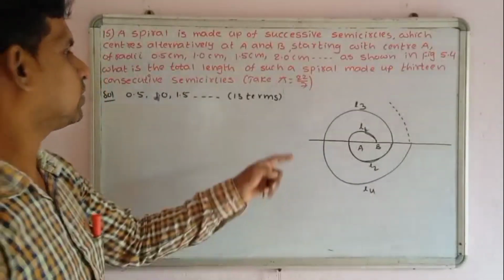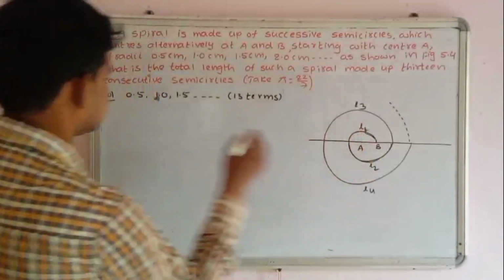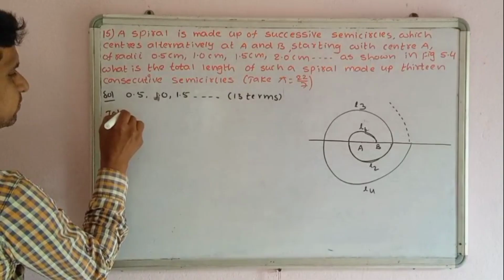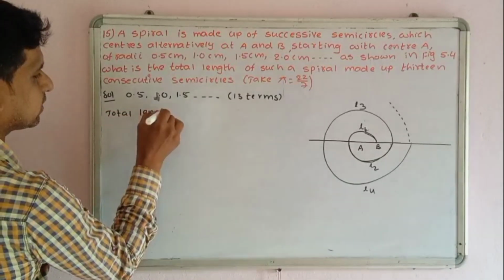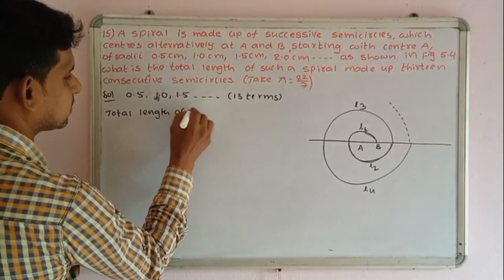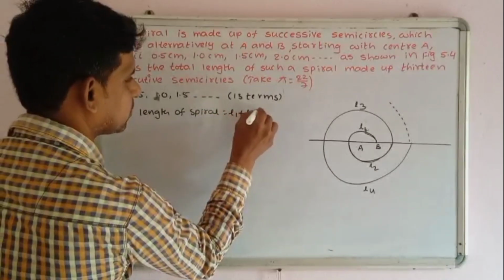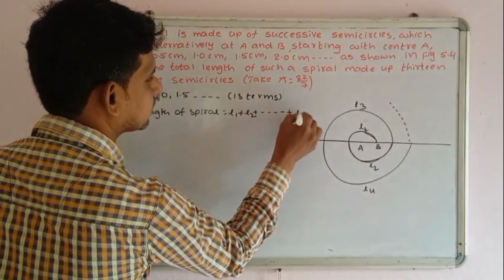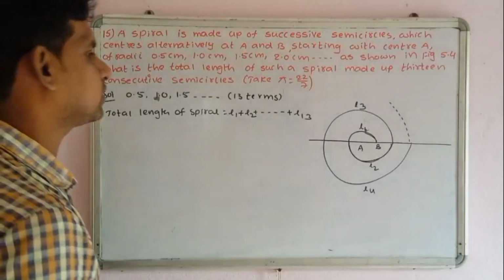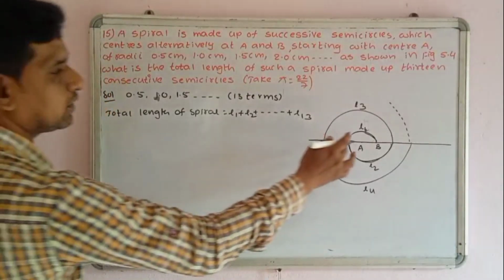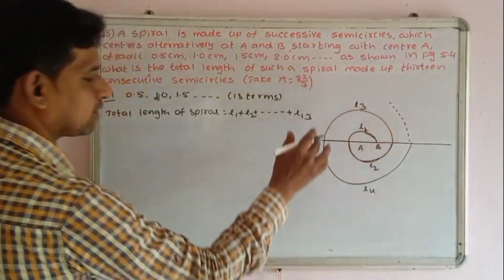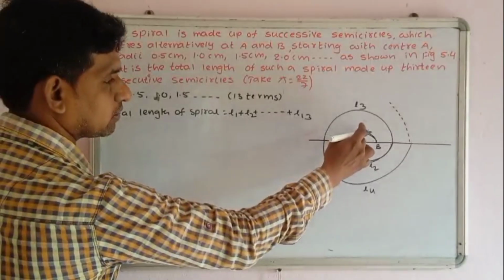Okay, so say the length of the first semicircle is L1. Total length of the spiral equals L1 plus L2 plus so on up to L13. Here L1, L2, L3 are what type?